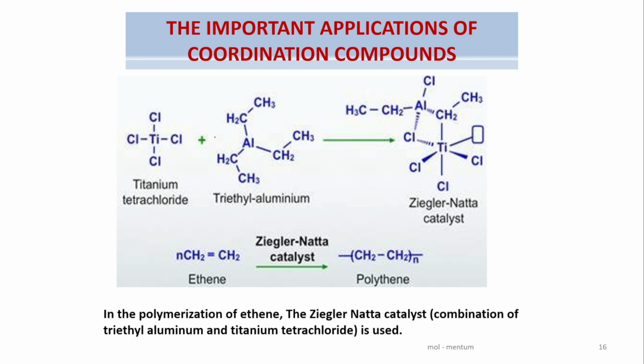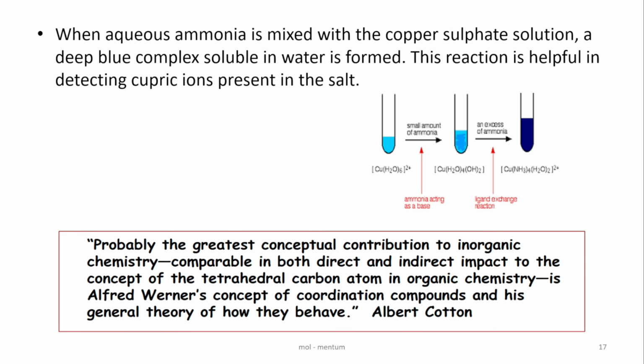It is made from triethylaluminum and titanium tetrachloride; when they react together, we get the Ziegler-Natta catalyst. This is its structure. This catalyst is used for the preparation of polythene.